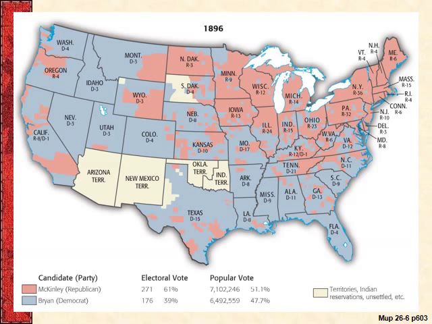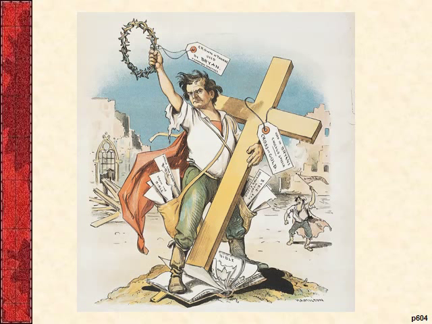And so, even though it was fairly close, 51% to 48 or so percent in the popular vote, in the electoral vote, it's not close at all, 61% to 39%. This is a political cartoon depicting William Jennings Bryan and his infamous Cross of Gold.